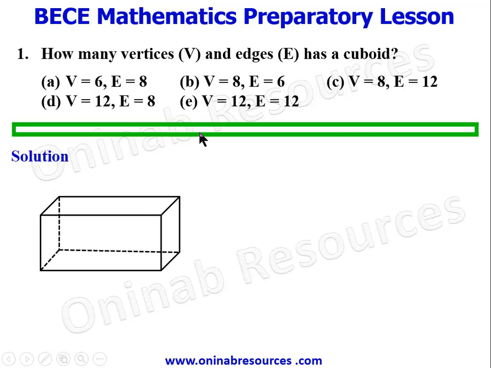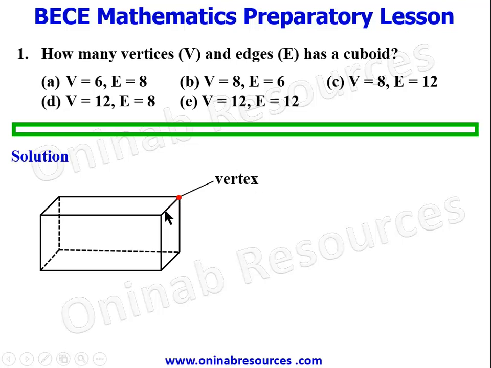So we start with the vertices of the cuboid. What is a vertex? Vertex is the singular form of vertices. A point where two or more lines meet. Like this point here, we have this line meeting with this line here and this line. So there are 3 lines that meet here. So this is called a vertex.